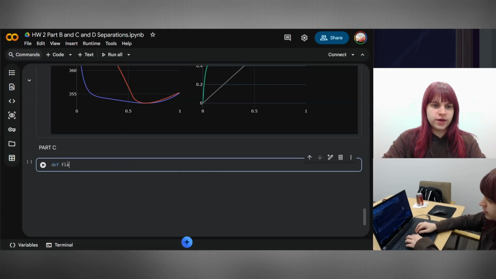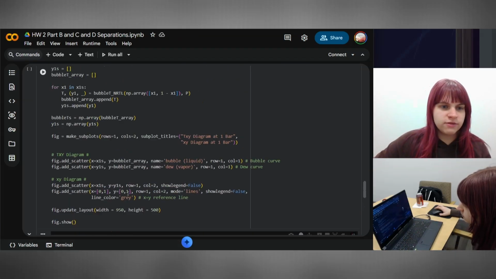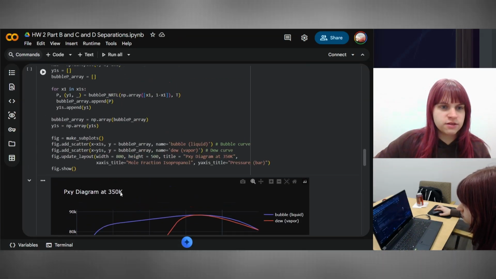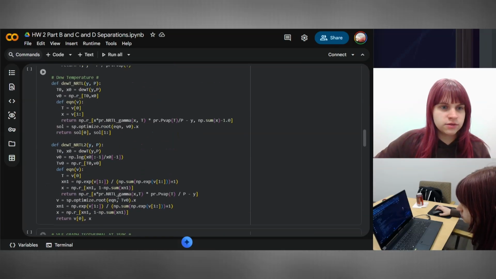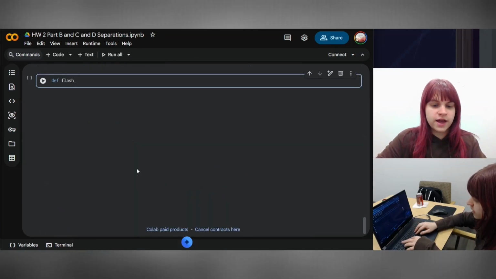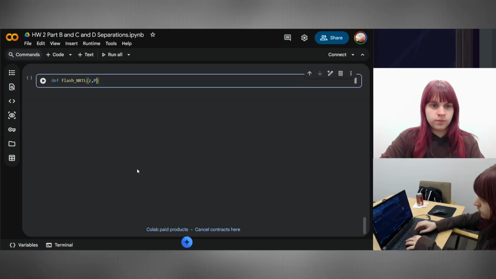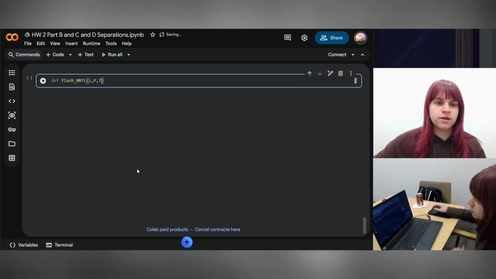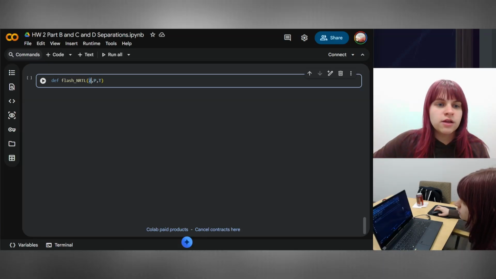So we're going to do a flash, let me make sure I haven't used this as a title yet. I'll call this flash underscore NRTL. Our arguments are Z, P, and T. Z being the composition of the feed, P is our system pressure, T is our system temperature.